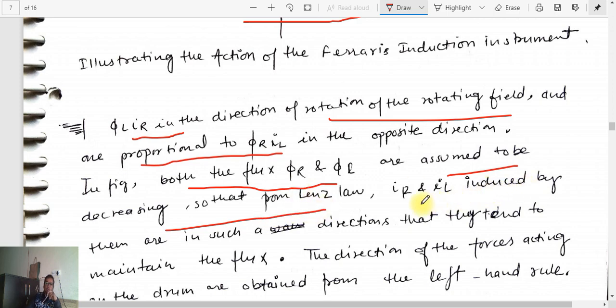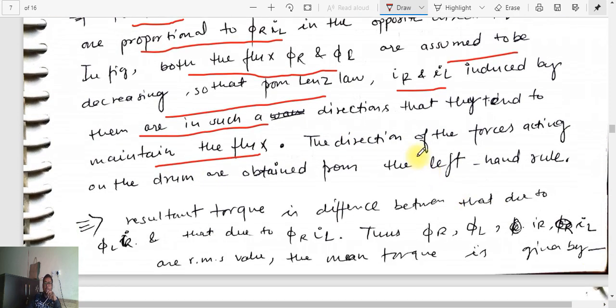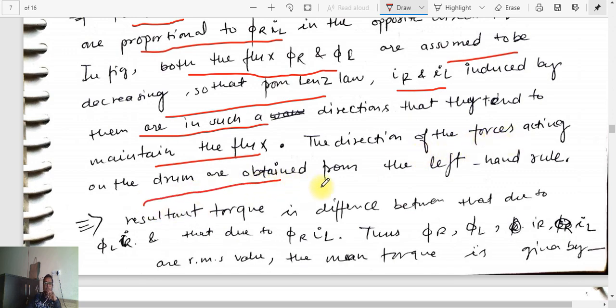So from Lenz's law, IR and IL are induced in such a direction that they tend to maintain the flux. The direction of the force acting on the drum is obtained from the left hand rule. The resultant torque is the difference between that due to phi L IR and that due to phi R IL.